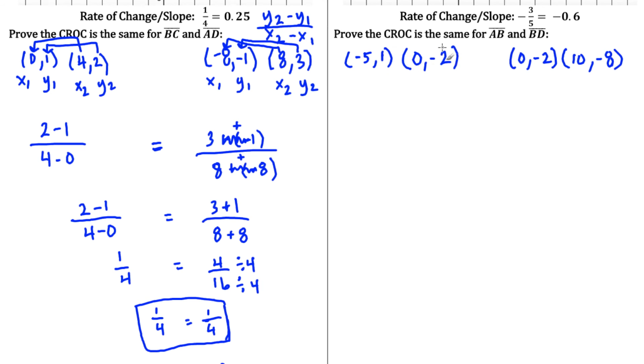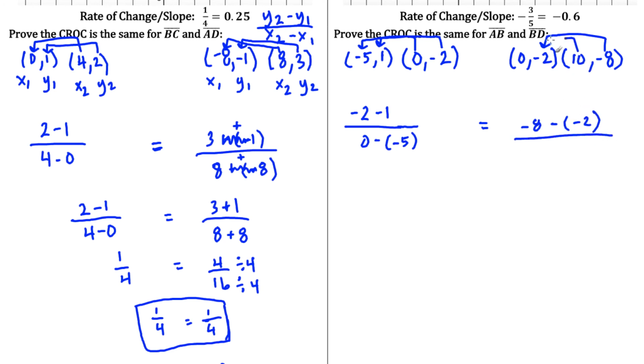Okay, so negative 2 minus 1 over 0 minus negative 5 should be equivalent to negative 8 minus negative 2 over 10 minus 0. So let's rewrite this. Instead of minus and negative, I could put plus.